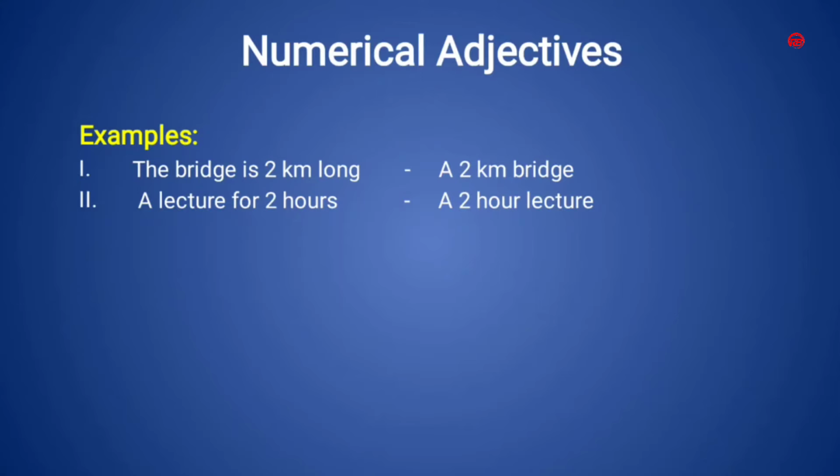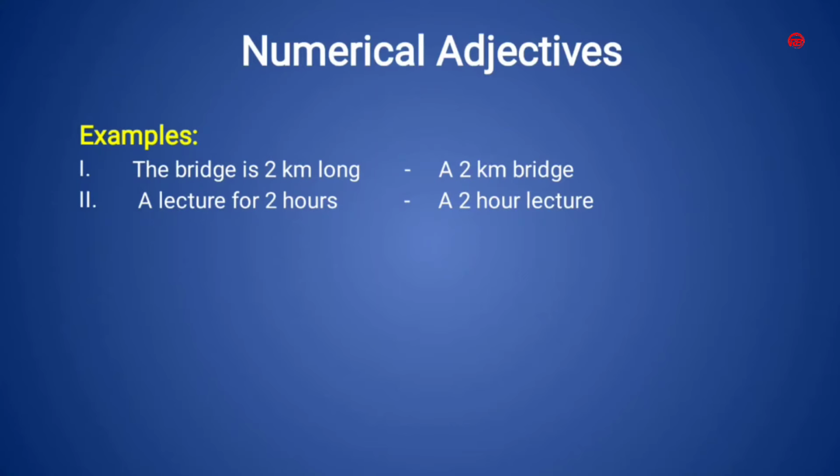Okay. How do we have to convert it into a numerical term? First, indicate the numerical term, that is 2 km. Even if it is in plural form, we have to convert it into singular form. So 2 km, then we have to add article a, then the noun: a 2 km bridge.